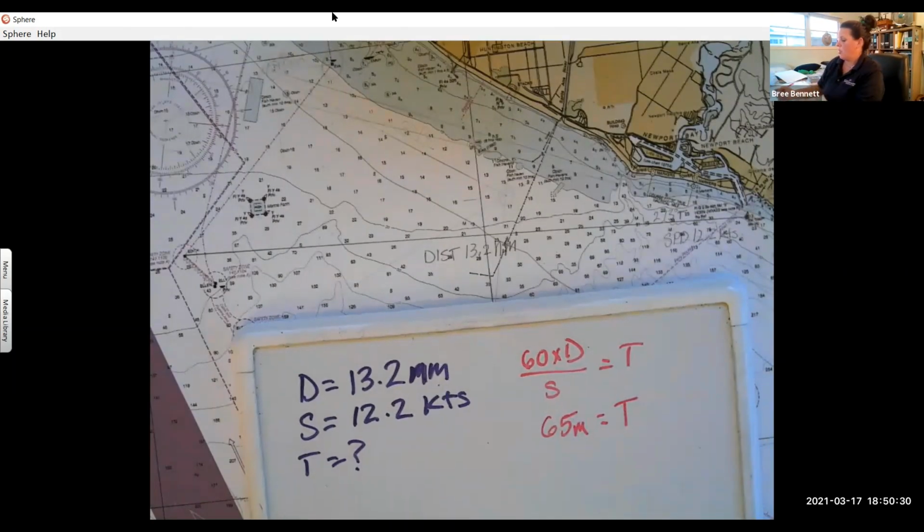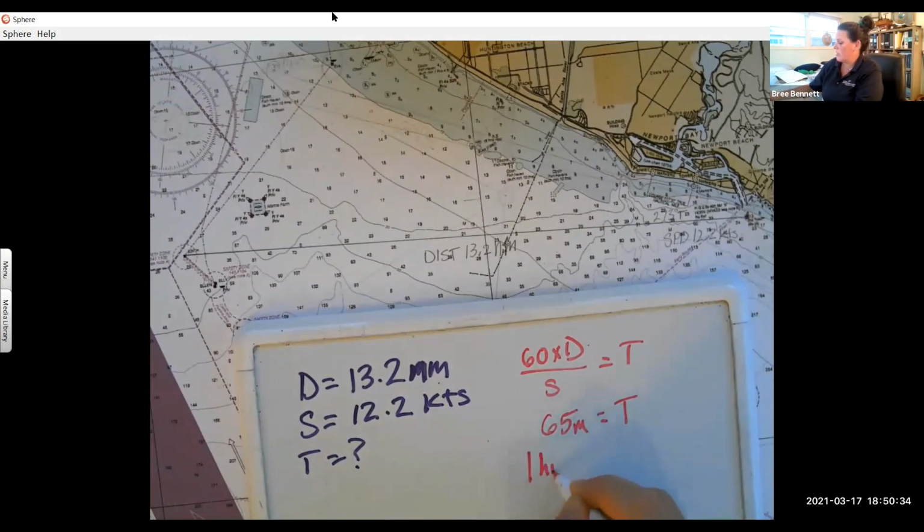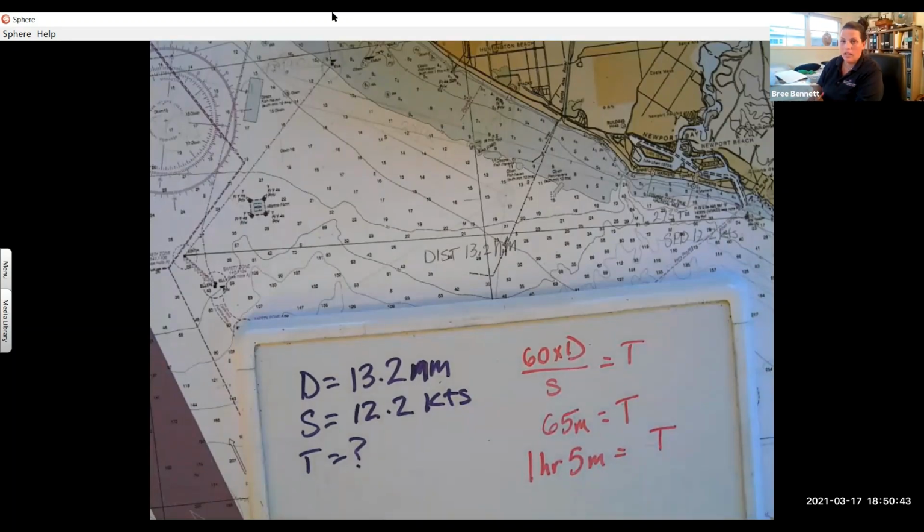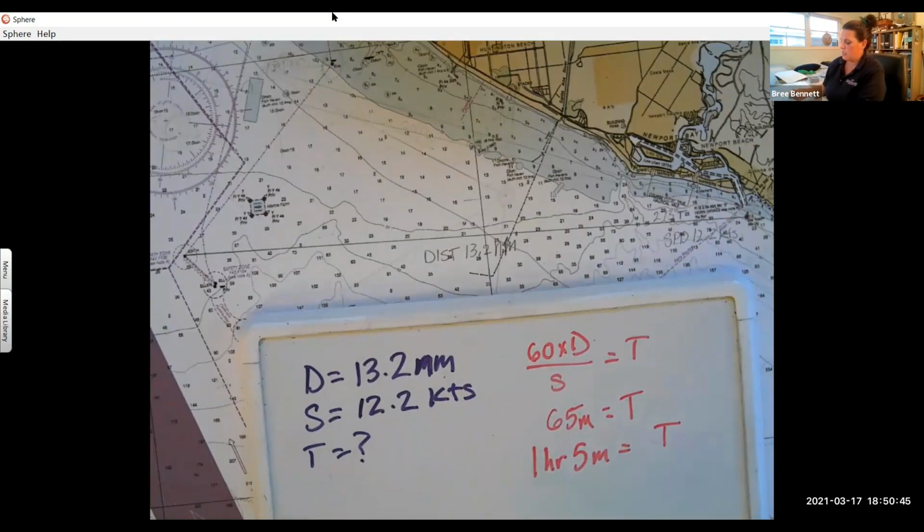That's right. So that would be 1 hour, 5 minutes is our time. If we left at 6:12 in the morning, right?